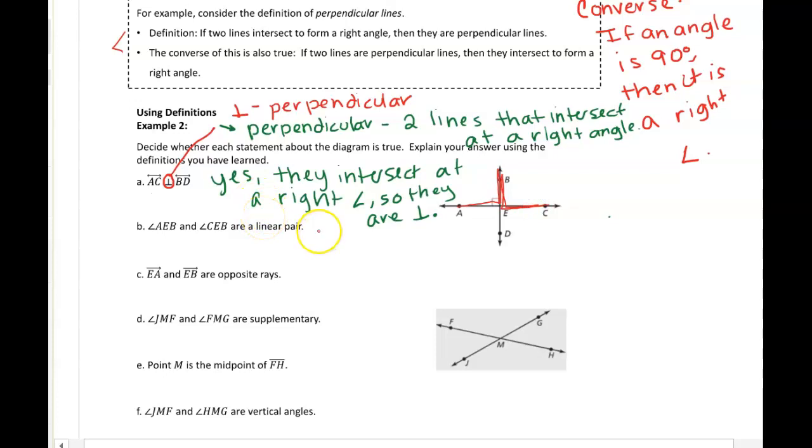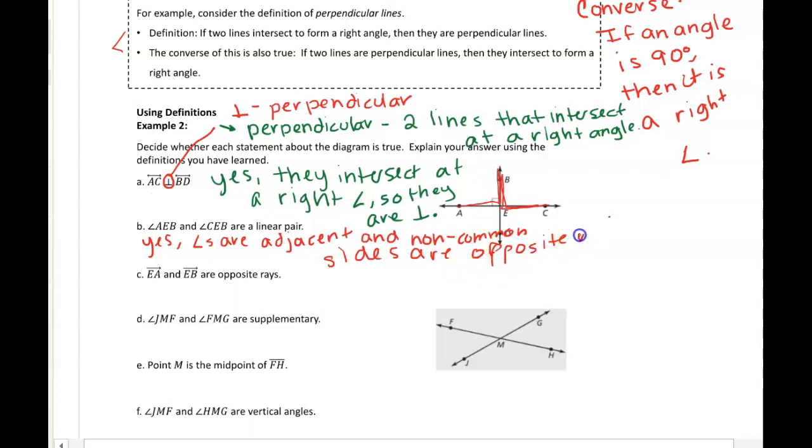Once again, if you know the definition of a linear pair, then you should know that, yes, those are a linear pair, because the angles are adjacent and the non-common sides are opposite rays. That's something that you should go back and look at if you don't know what either opposite rays or a linear pair are. That was in chapter 1.